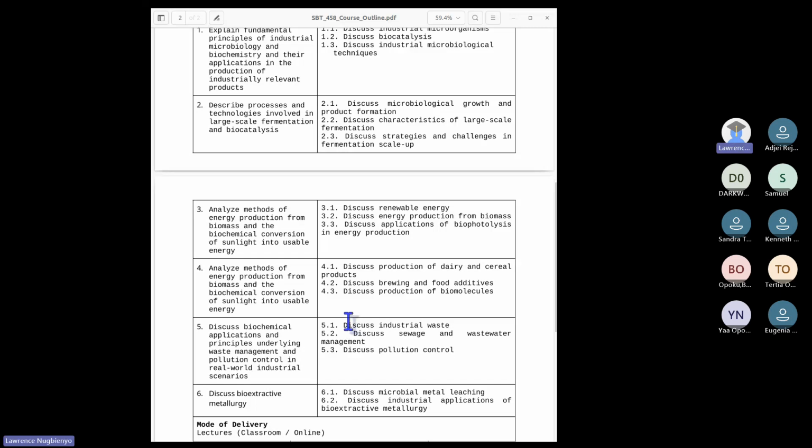And then we will also look at waste management, different aspects of this, looking at sewage, wastewater, and even some of what we refer to as bio extraction of metals.